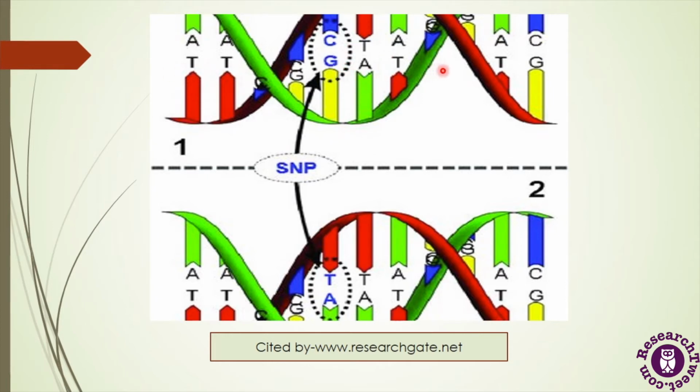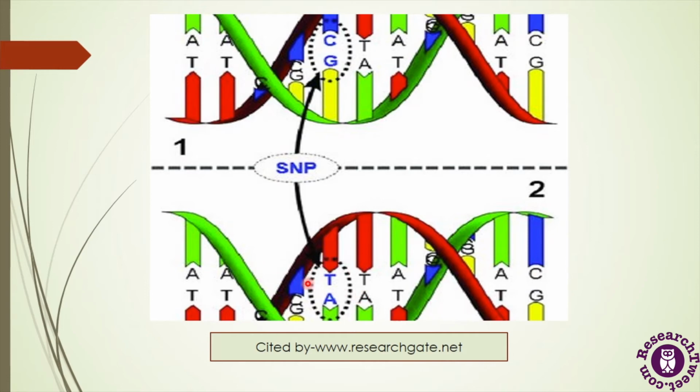In this structure, at this position cytosine binds with guanine, and in the other picture, which shows the mutant allele of the particular organism, the cytosine and guanine are replaced by thymine and adenine, and all the other nucleotides are similar in both alleles or DNA sequences.